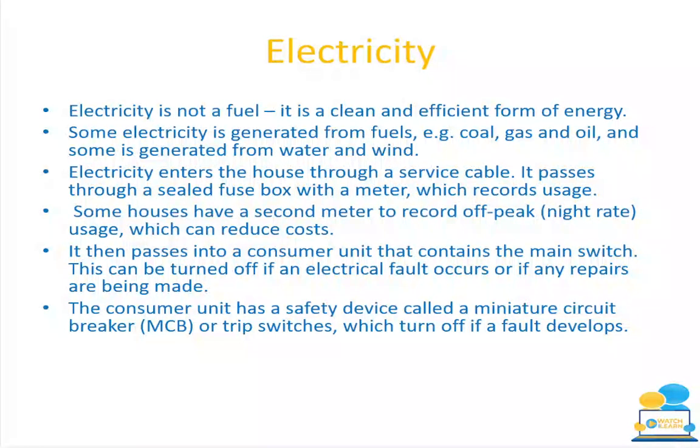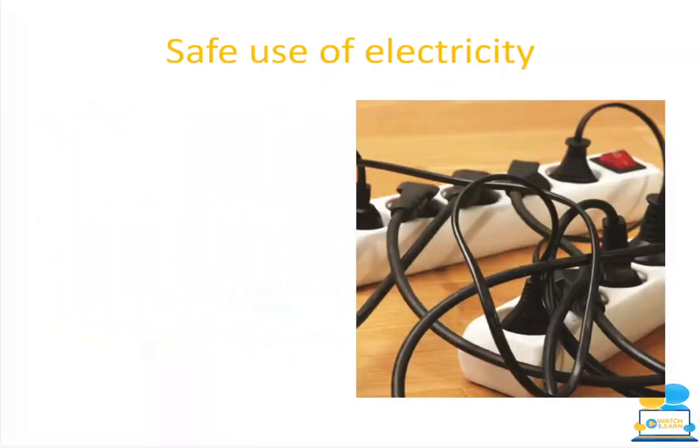For example, if you have someone using the hair dryer and they also have the hair straighteners on, and they have the oven on, it might overload the system, and for safety reasons it will trip and you'll hear a bang noise. Then you'll have to go to your MCB, pull it back up and it'll fix the fault, and you know that you shouldn't have all the appliances going on at the same time.